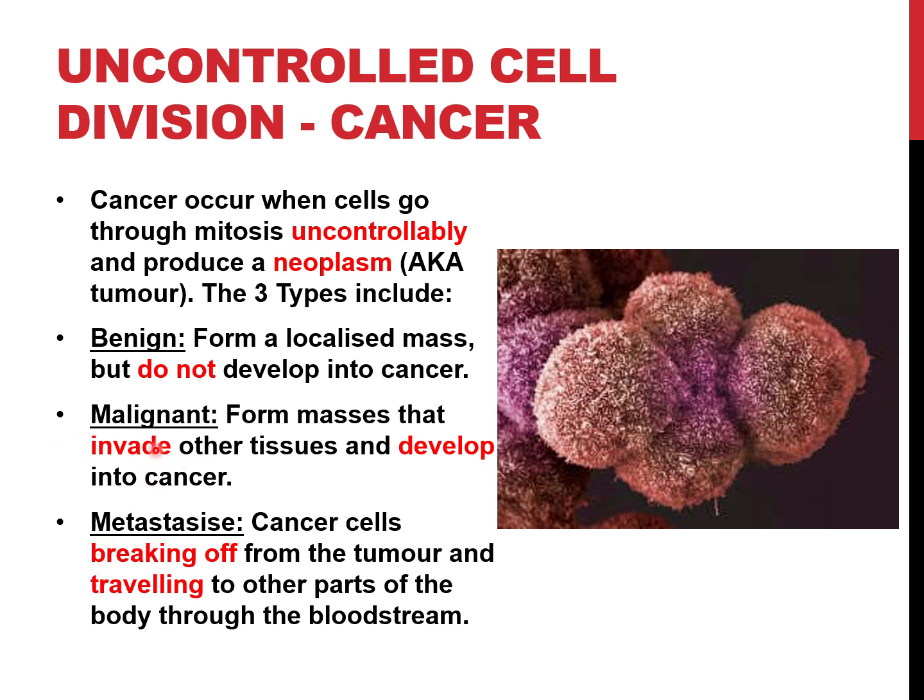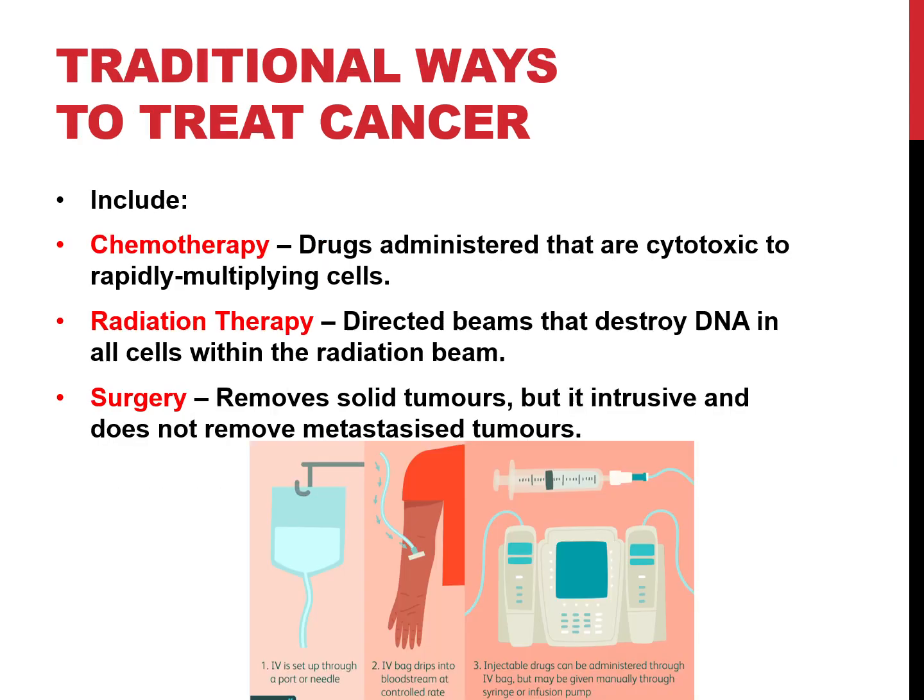And they invade other tissues via metastasizing, which is breaking off and then traveling through blood vessels to another part of the body. What are the traditional ways to treat cancer? They include chemotherapy, which is drugs administered that are cytotoxic to rapidly multiplying cells.